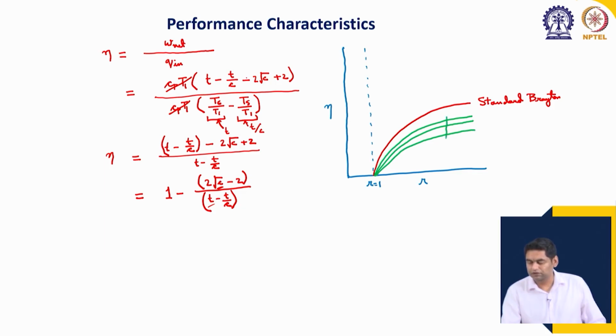So, with increasing t, the efficiency improves, starting from t equal to 3, t equal to 4 and t equal to 5. Similarly, we can have t equal to 6 also. The efficiency keeps on improving and the nature of the curve is the same as the standard Brayton cycle, but the efficiency is always less than the standard Brayton cycle efficiency.